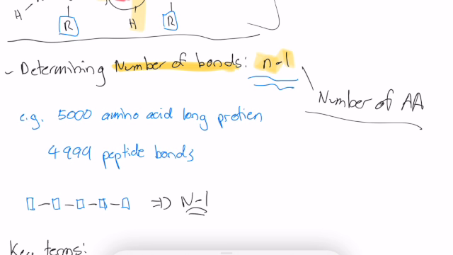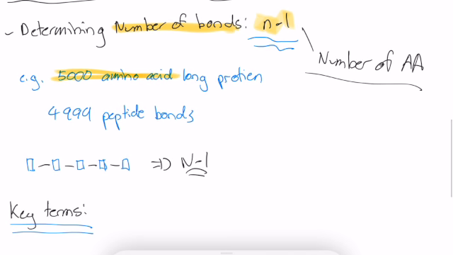So an example of this would be having something like 5,000 amino acids in a chain. Using this formula, we can tell that there are 4,999 peptide bonds.